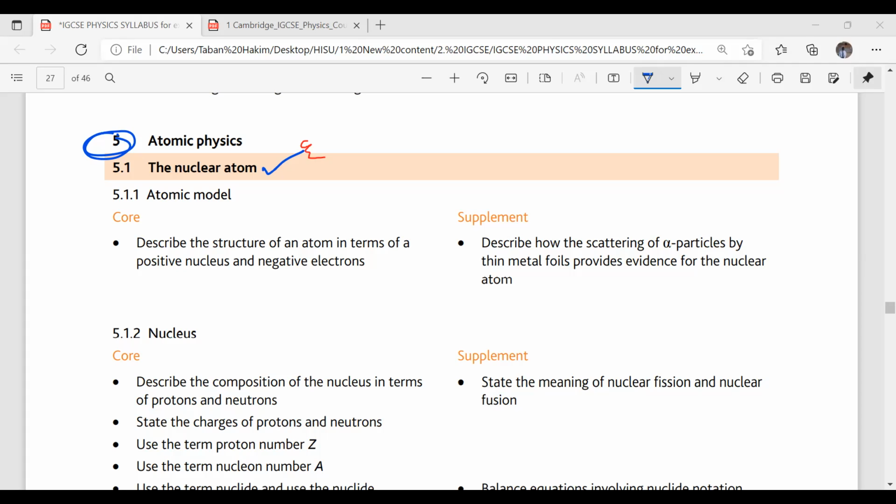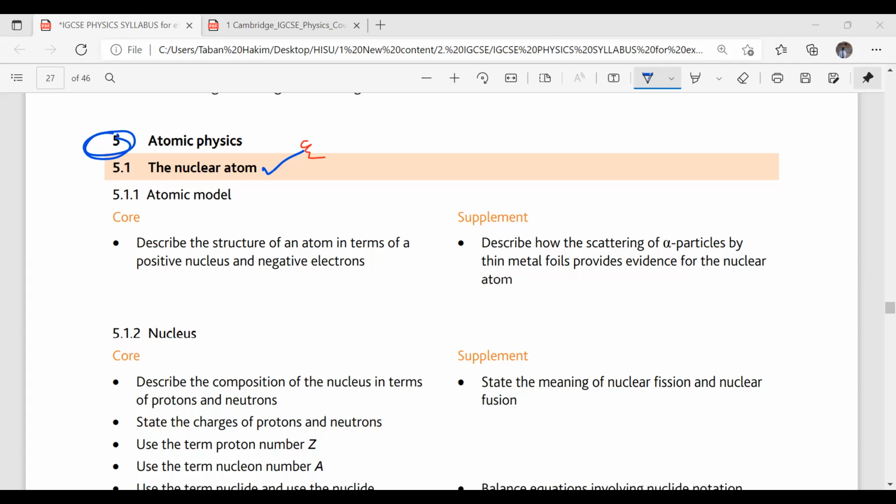Nucleus. That is correct. Speak louder. It has the nucleus. Anything else? What about the protons and the neutrons? There are protons and the neutrons. Okay, that is correct. Anything else? It also has electrons.